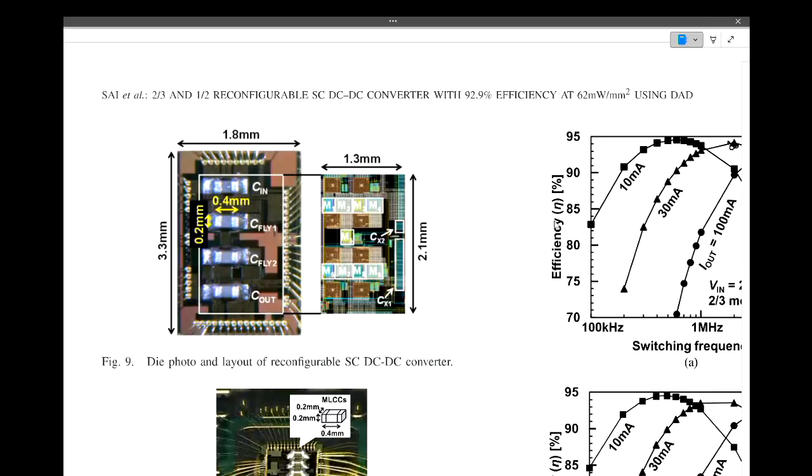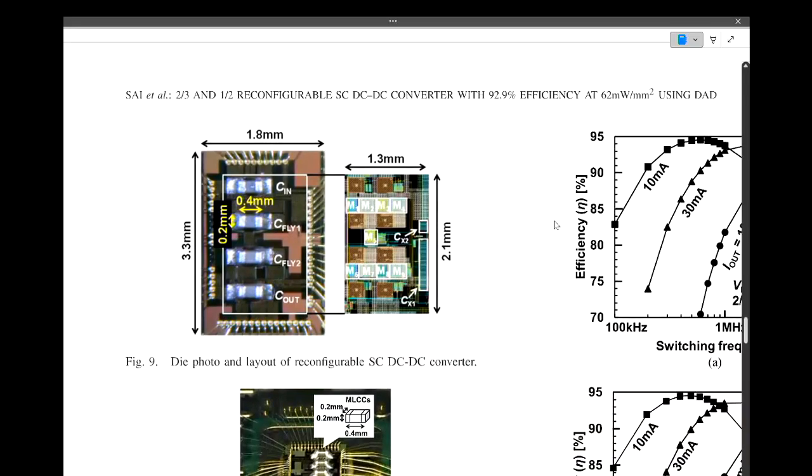They're blue in figure 9 on the left, which are the capacitors in fly 1, fly 2, and out.